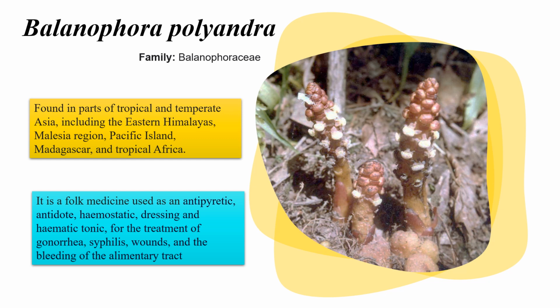Medicinally, this plant is highly effective. It is also used as a folk medicine, used as an antipyretic, antidote, hemostatic dressing, and hematic tonic for the treatment of gonorrhea, syphilis, cuts and wounds, and bleeding of the alimentary tract.